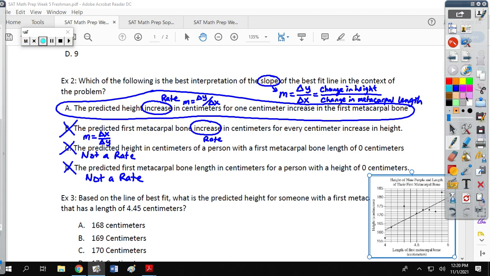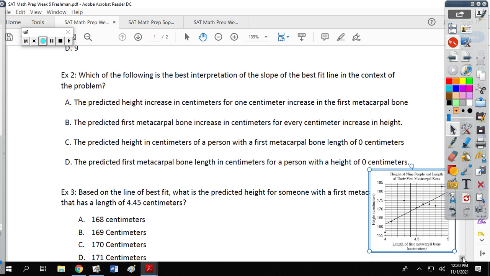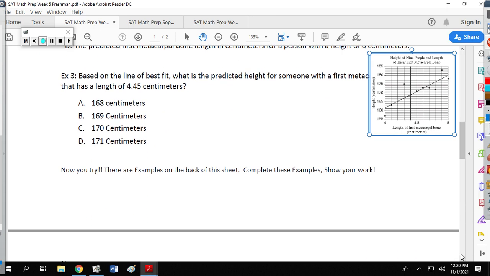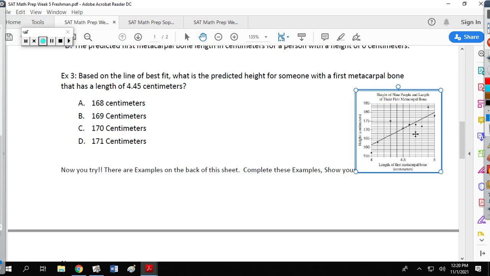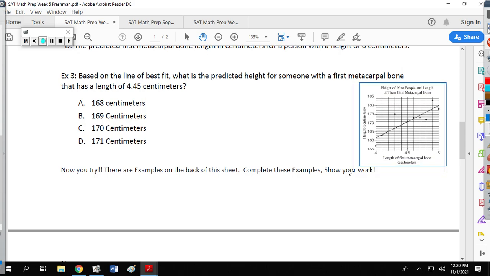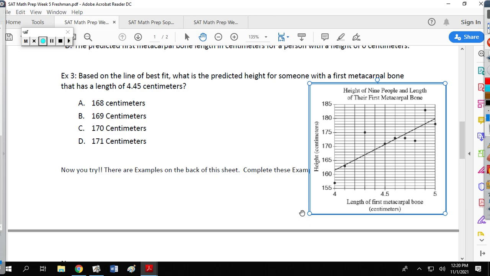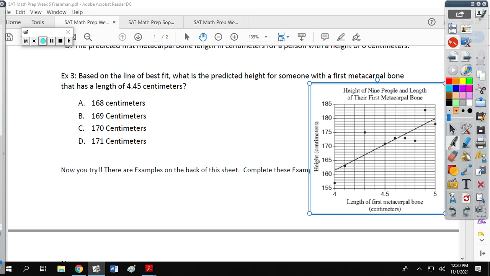All right, on to example 3. Example 3 says, based on the line of best fit, what is the predicted height for someone with a first metacarpal bone that has a length of 4.45 centimeters?